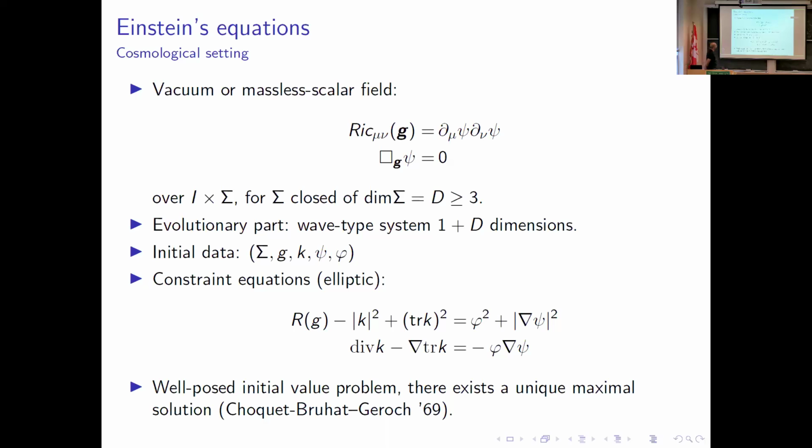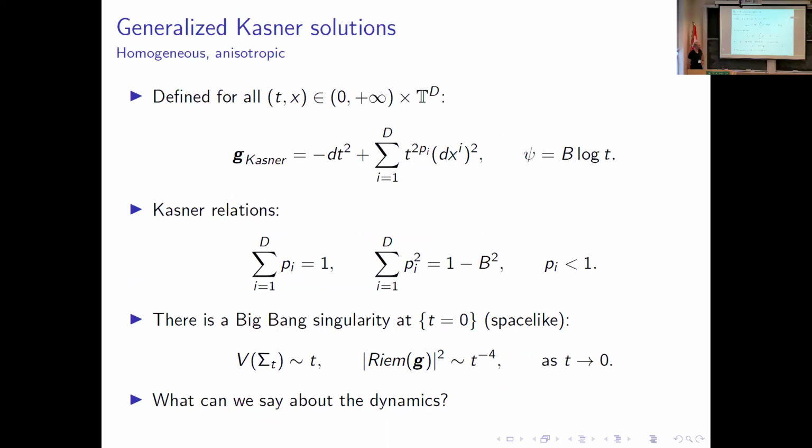We have these spatial dimensions, initial data that satisfy the constraints, okay, Hamiltonian constraint, a momentum constraint. We have a well-posed initial value problem, unique maximum development, etc. And the main topic of interest is the study of the dynamics of the Kastner solutions.